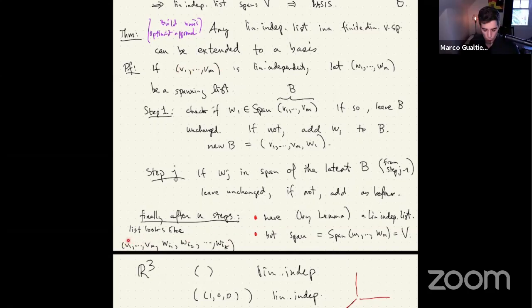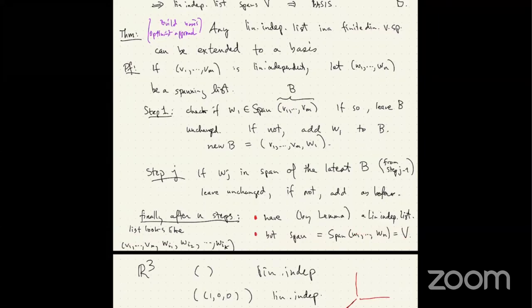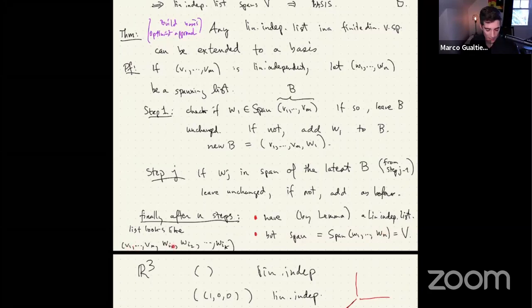And the reason that that's true is because of the fact that we assume that the W's span V, right? And so what I'm doing is adding these vectors to my list. Well, I'm not adding all of them. I'm only adding the ones that I need to add in order to span V, right? So every one of these vectors is in the span of this. So let me put it that way.